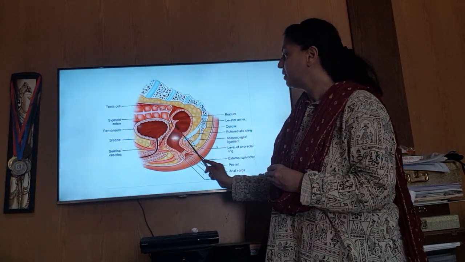bladder. But in females the relation is different, because between the urinary bladder and rectum are the female reproductive organs. That means we have the uterus, which ends in the cervix, and the cervix lies inside the vault of the vagina.